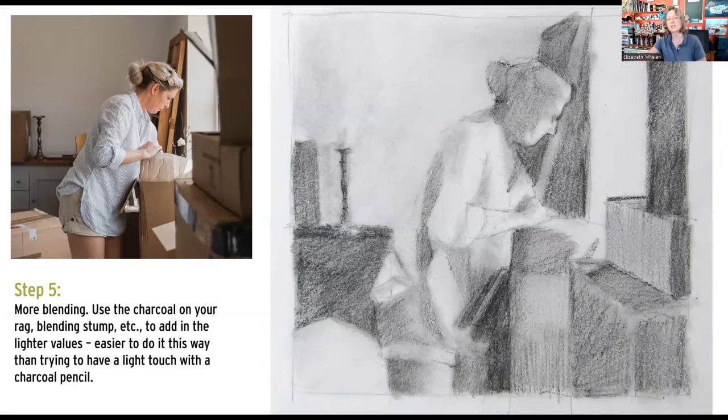And sometimes I end up pulling my finger through the drawing to unite areas, because I know at the end I'm going to neaten all of this up. I don't have to worry about being neat now. That's where the erasers come in. That's where at the end I'll come in with the darks and the very careful charcoal pencil work. I don't have to worry about that now.